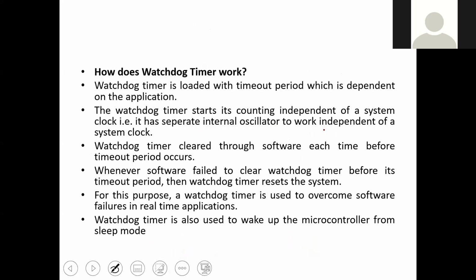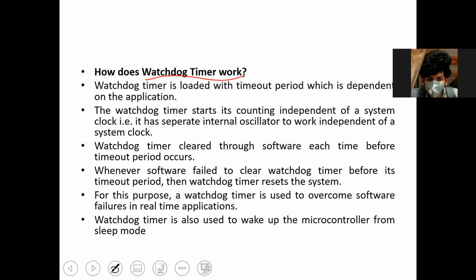One more important feature of the PIC microcontroller is the watchdog timer. Actually, it's an important two-mark question. Even for the PIC microcontroller, you are supposed to write about the watchdog timer. It's like a timer only.